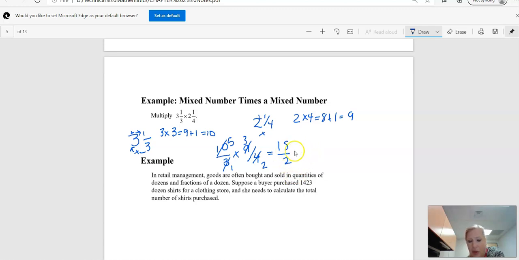And then this is improper, so if I want to change it to a mixed number, I'm going to say, how many times does 2 go into 15? And 2 goes into 15 7 times with 1 left over, because 2 times 7 is 14, and 15 minus 14 is 1, and then I leave my denominator the same.